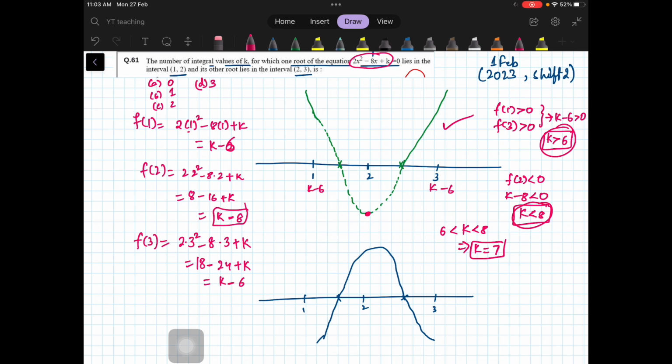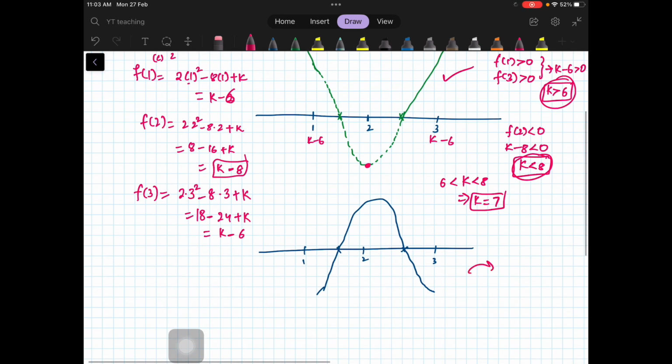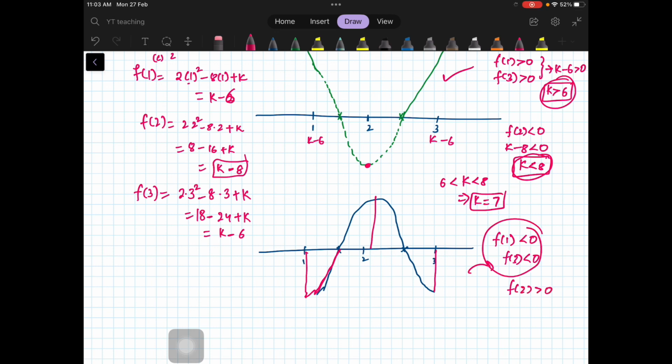In the second case, you want f of 1 to be negative, f of 3 to be negative, and f of 2 to be positive. For f of 1 negative, I want k minus 6 to be negative, so k less than 6.